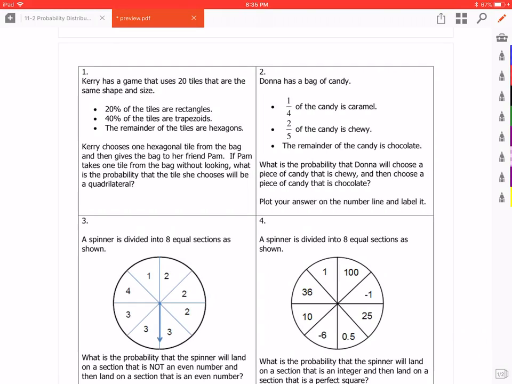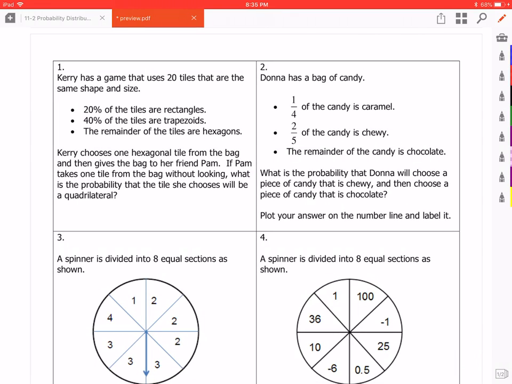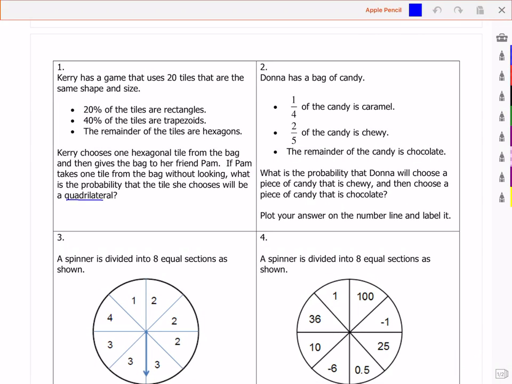Okay, on the other set of cards, we've got more of an expected value type thing. I'm going to do this one for you. Carrie has a game that uses 20 tiles that are the same shape and size. We want to know the probability that the tile she chooses is a quadrilateral. So this is a vocabulary word. Quadrilateral means it's got 4 sides. So that means the rectangles and the trapezoids.